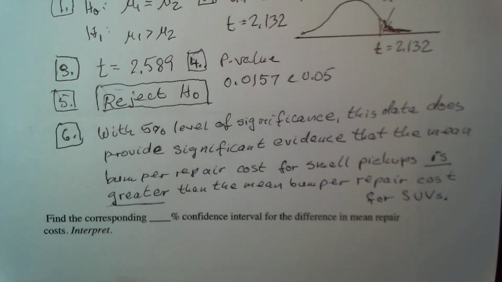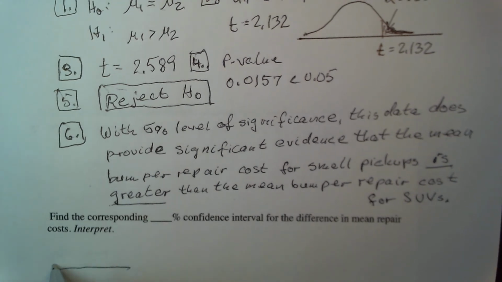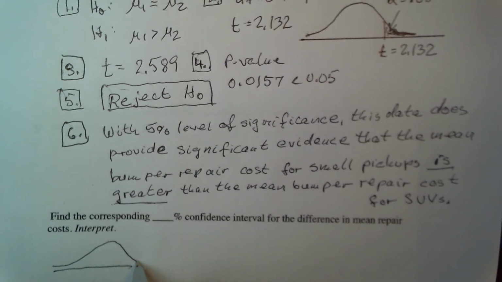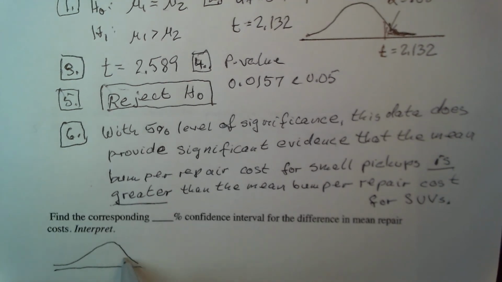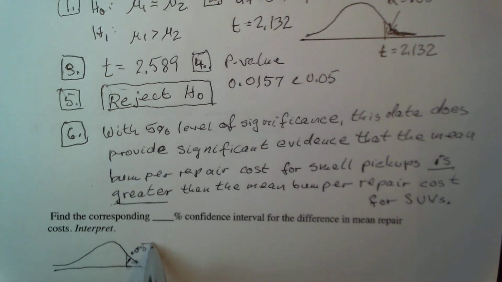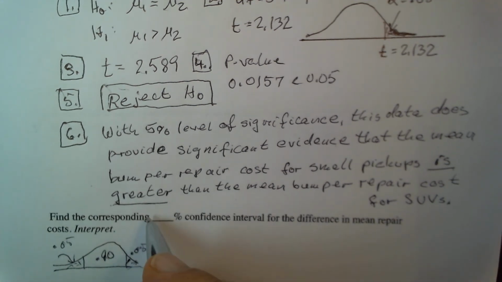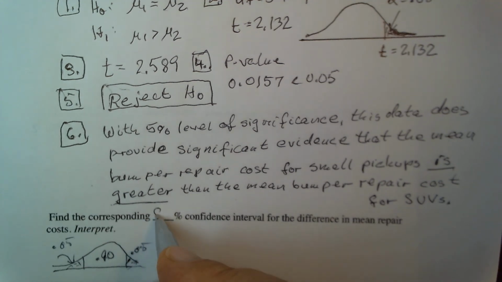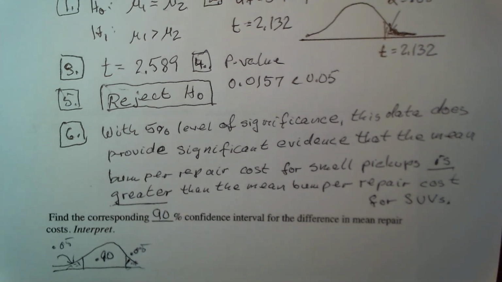And again, what we have to keep in mind, like in the previous example, we have a right-tailed distribution here. And for the confidence interval, we need to balance this 5% on the right with 5% on the left, which means we have 90% in the middle. So in other words, we find the corresponding 90% confidence interval.